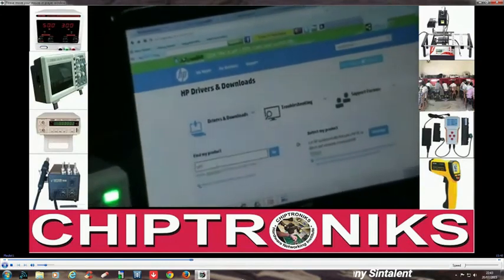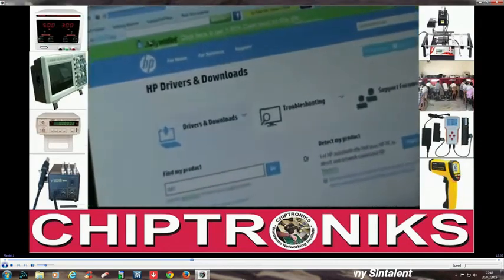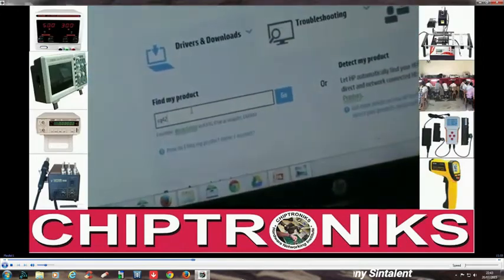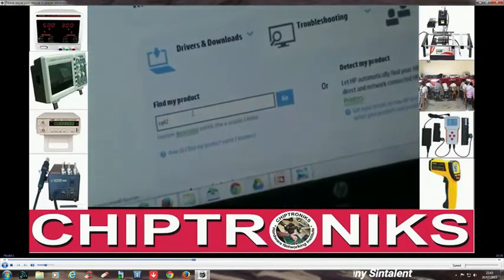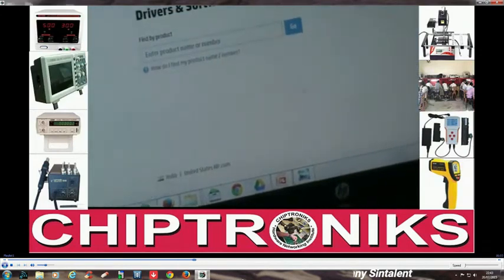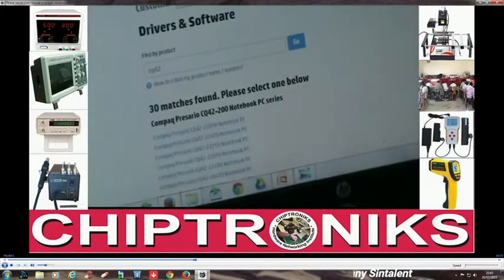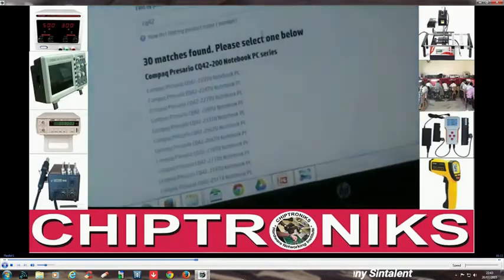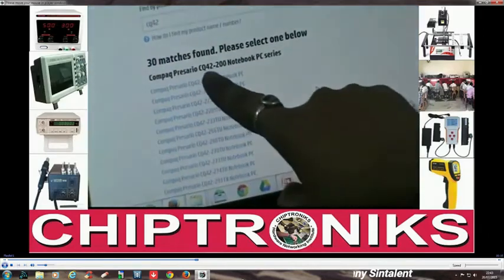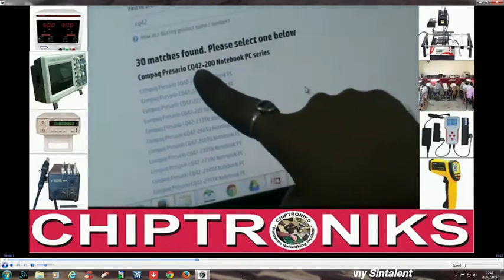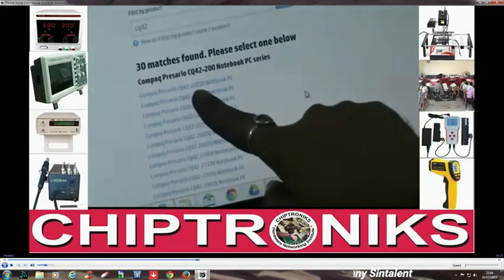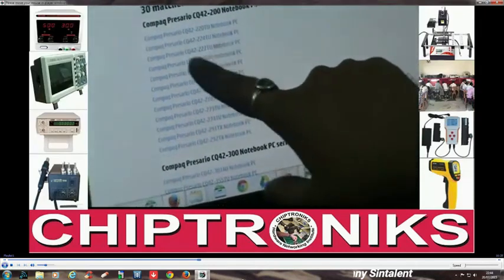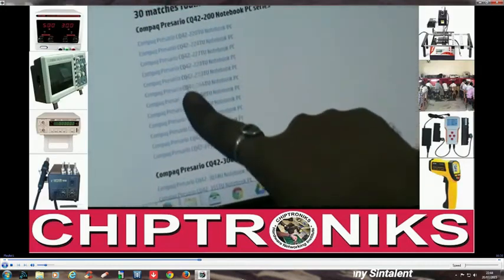Now here I'll go to the support site and search for the BIOS update file. I'll type CQ42 and you see a lot of models available over here. CQ42 200 means CQ42 model 200 series: 200, 220 TU, 224 TU, 227 TU, but all are CQ42.